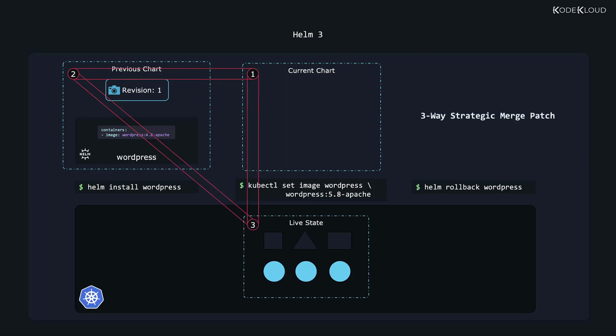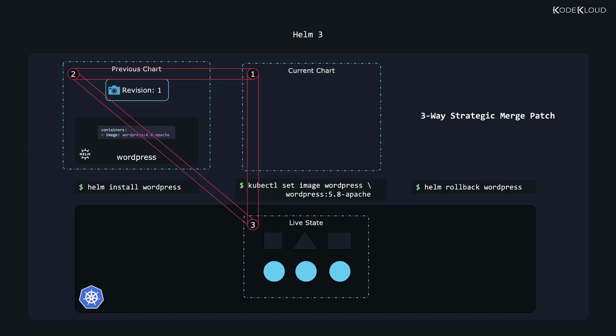This is where that fancy three-way strategic merge patch name comes from. By also looking at the live state, it notices that the image version in live is 5.8, but the image in revision 1 that we want to revert to is at 4.8. So it makes necessary changes to come back to the original state.